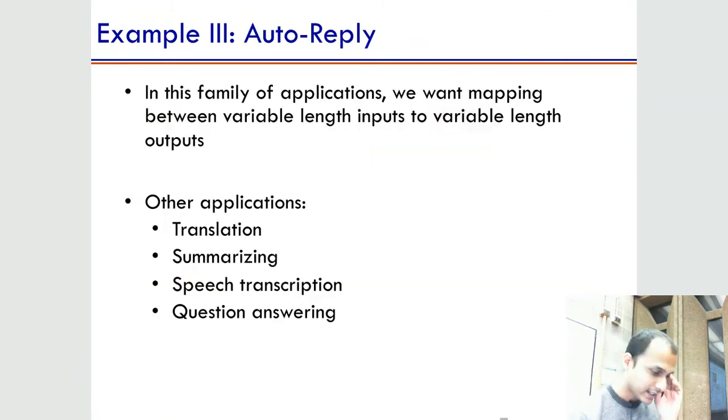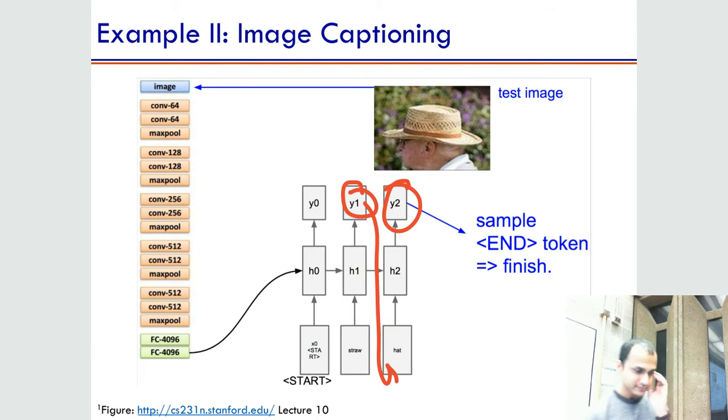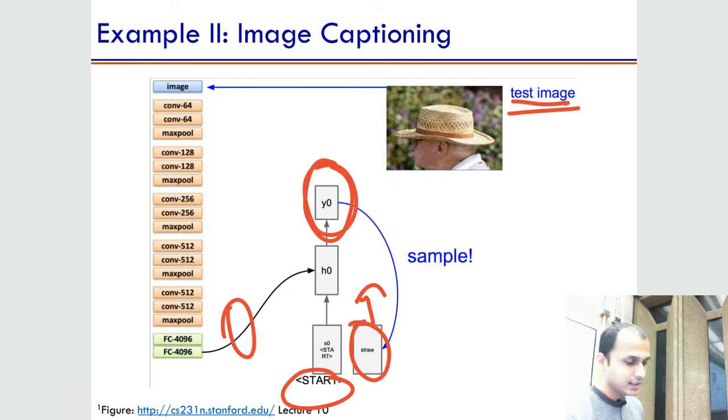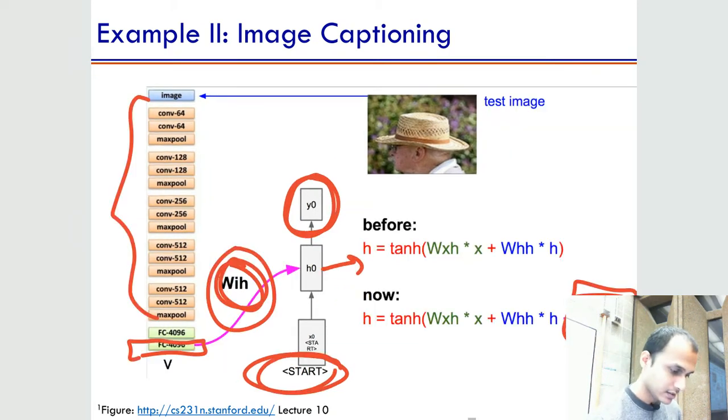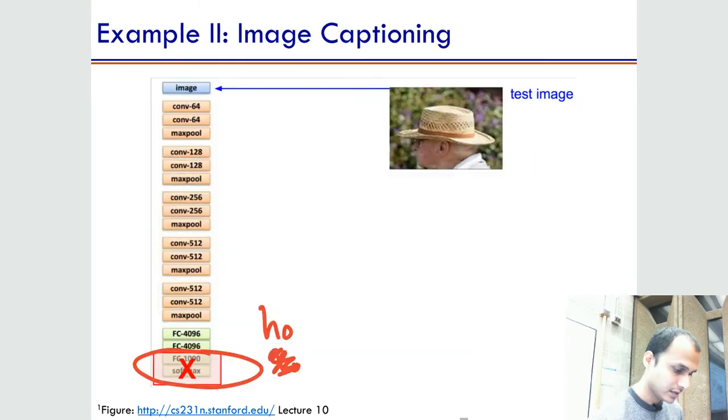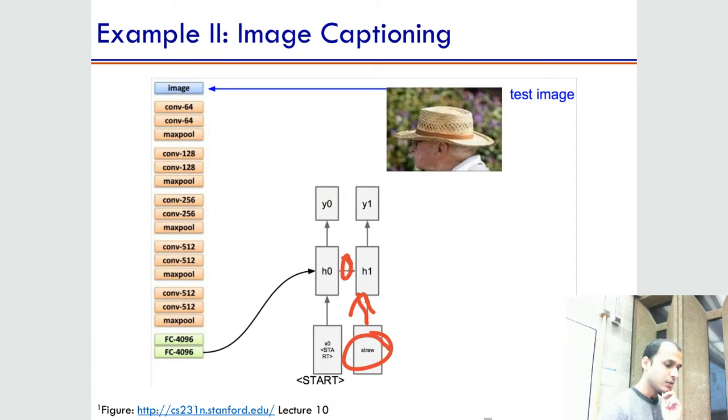Now training the network itself, actually this point will come up later as well. While training the network, you can train in a similar way. Remember how we trained the character language model?